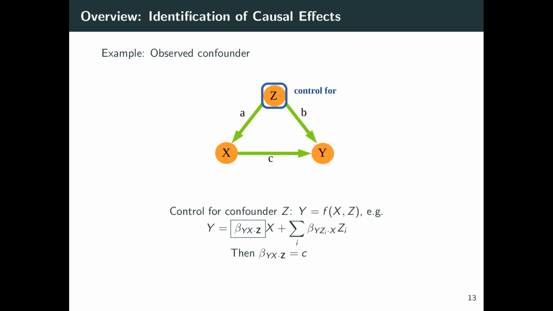But if it's a nonlinear relation of x on y, and also the relation to z is nonlinear, then physically you have an effect of x on y that depends on the state of z. So you have a state dependency, and that would be encoded in this function f of x and z. So you then have a multivariate function. Only in the linear case can you reduce causal effects to one coefficient.